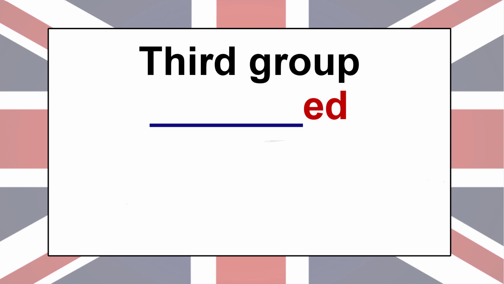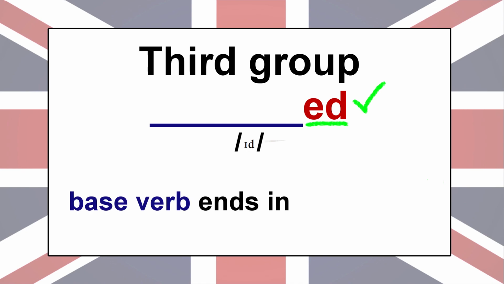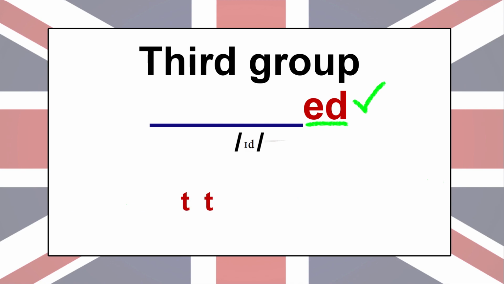Now, for the third type of pronunciation, we do pronounce the E, but it's not an E sound. Instead, it is pronounced id. Now, what happened with these verbs? Well, the base verb ends in a T or a D sound, and that's why we cannot say t or d.